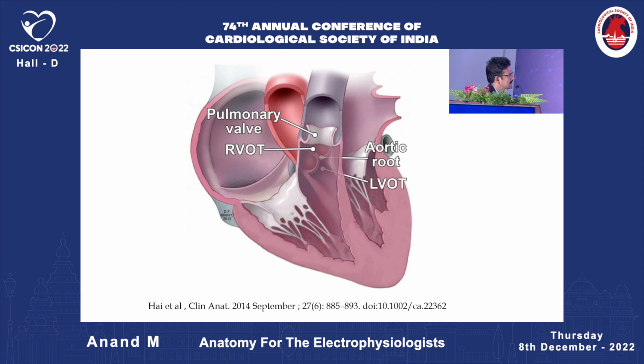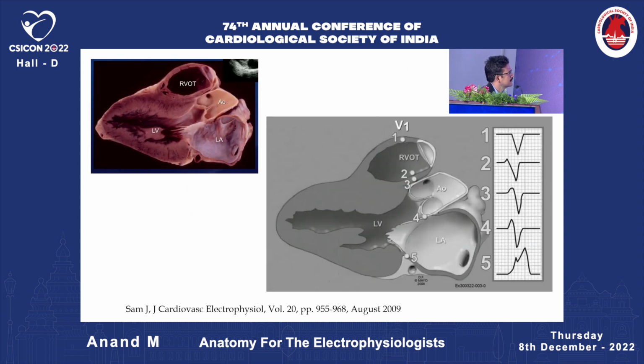The pulmonary valve is horizontal, while the aortic valve is inclined about 30 degrees to the horizontal. In this picture, we can see that the posterior infundibulum region of the RVOT is in close contact with the aortic cusp, mainly the right coronary cusp. So this is the anatomical picture.